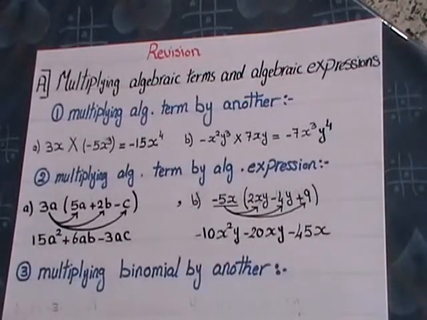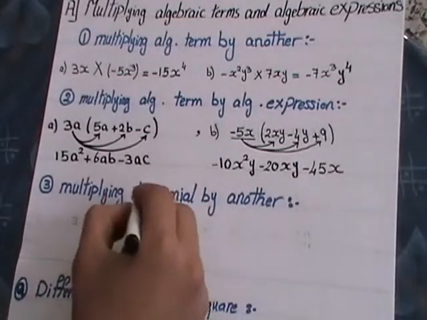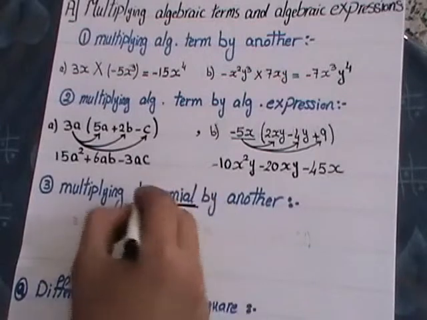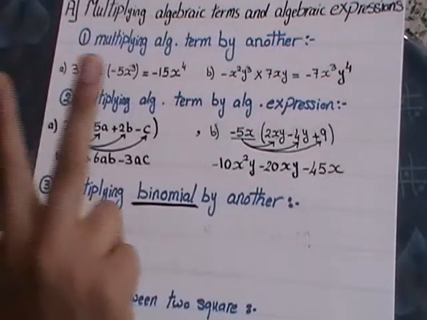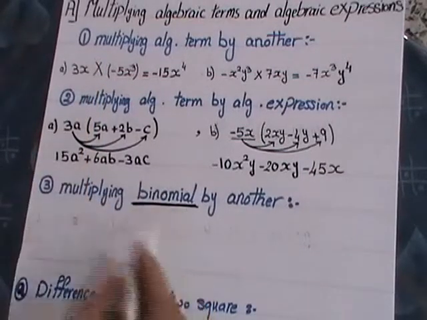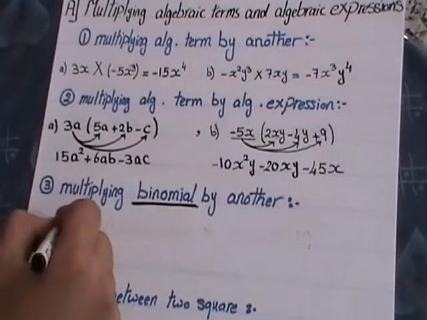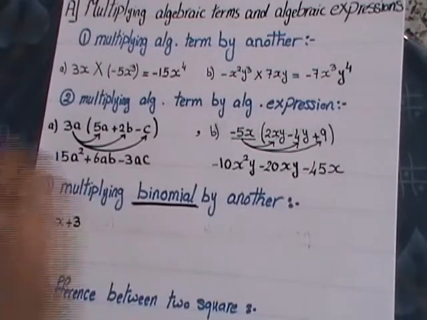We go into the third type, multiplying a binomial by another. First, what's meant by binomial? Binomial means an algebraic expression consisting of 2 terms. Excellent. We have here, for example, x plus 3, which is called a binomial.